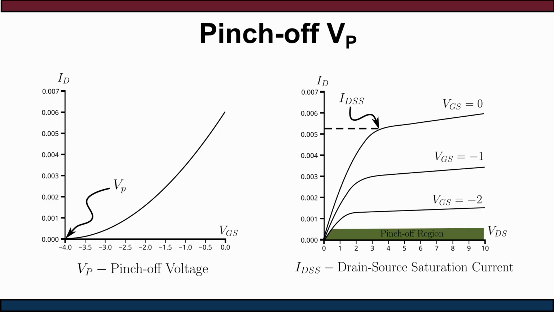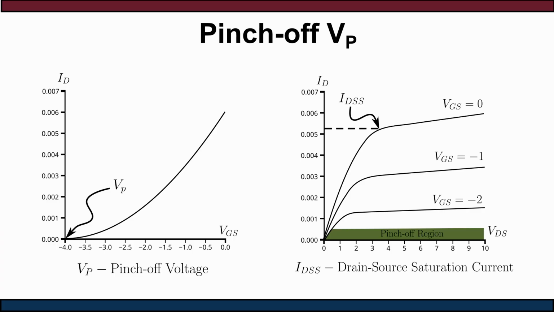The plot shows how the drain current ID depends on VGS at fixed drain to source voltage. When VGS equals 0, the current is maximum and equal to IDSS. As we make VGS more negative, the drain current decreases smoothly until VGS equals the pinch-off voltage, where it becomes practically 0.